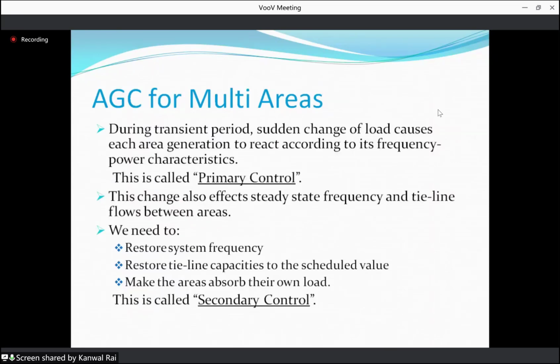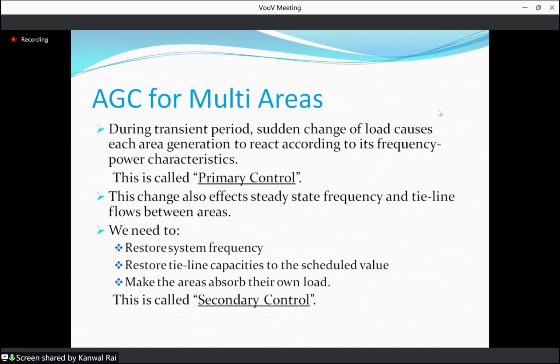This change will affect the steady state frequency and tie line flows between areas. So we need to restore the system frequency and restore the tie line capacity to the scheduled value, and make sure that each area absorbs its own load.